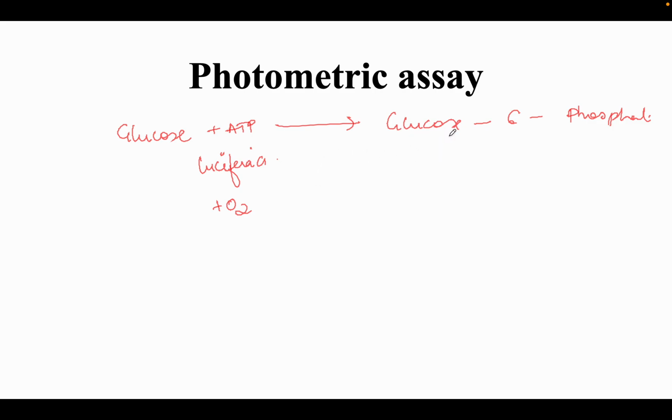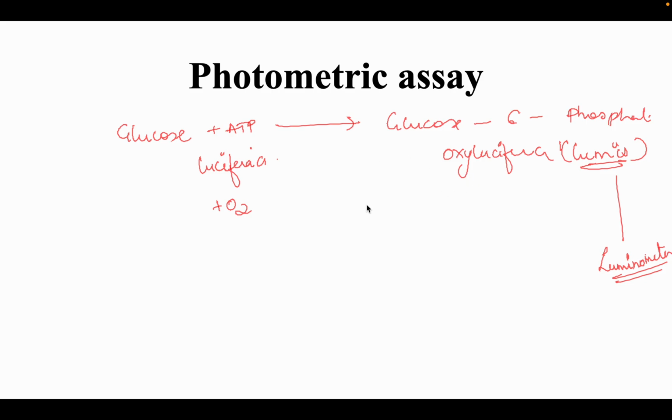The luciferase gives us oxyluciferin, and it will show luminescence. This luminescence is measured on a luminometer, which is the same as a fluorometer.